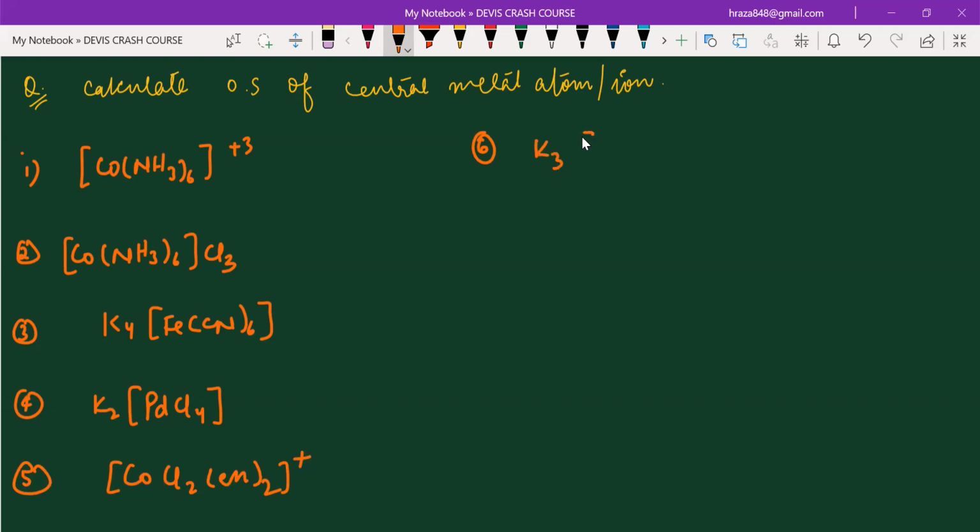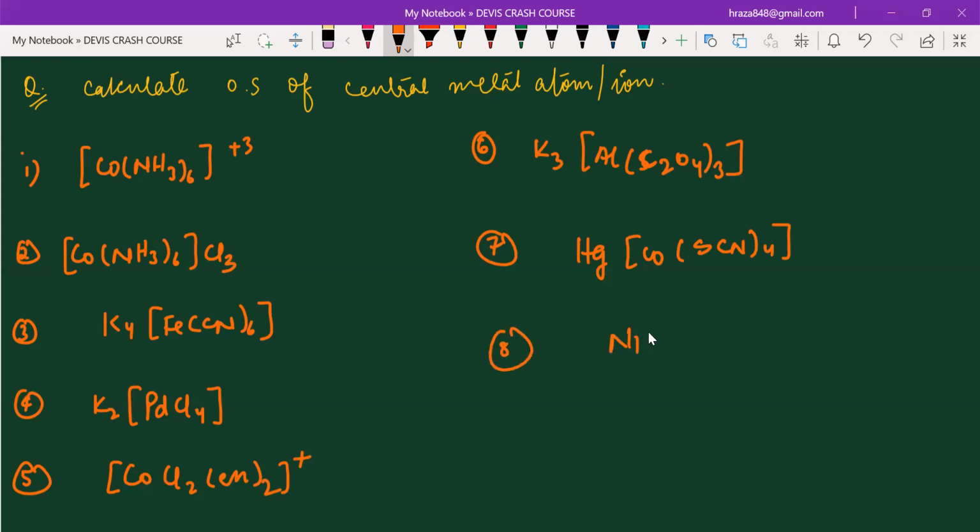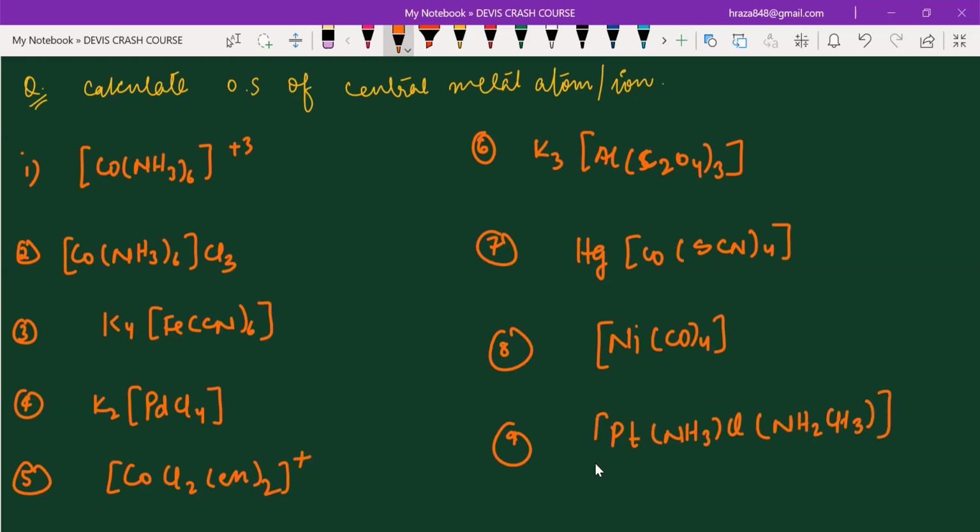Then comes K3[Al(C2O4)3]. Then [Co(SCN)4]. [Ni(CO)4]. [Pt(NH3)Cl(NH2CH3)]Cl.